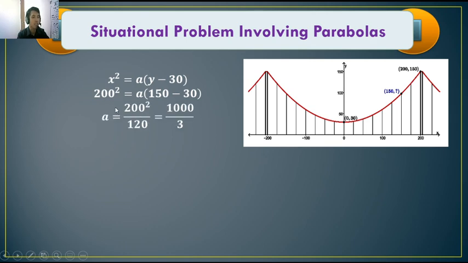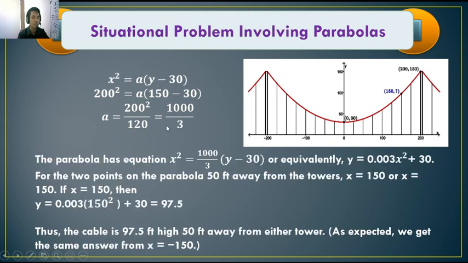We have 200 squared over 120, and if we simplify that, a is equal to 1000 over 3.